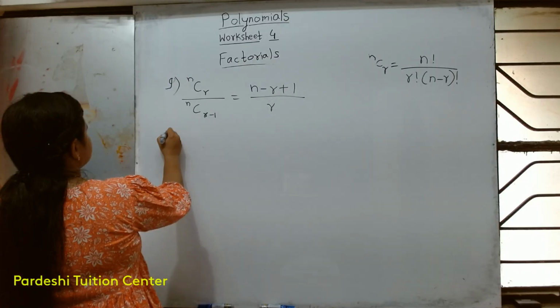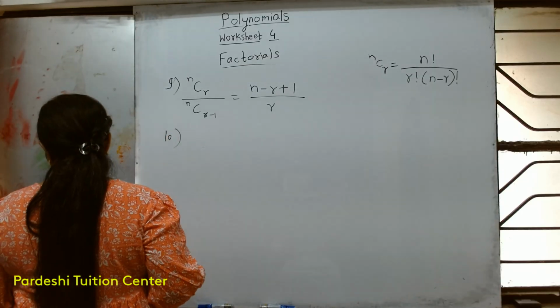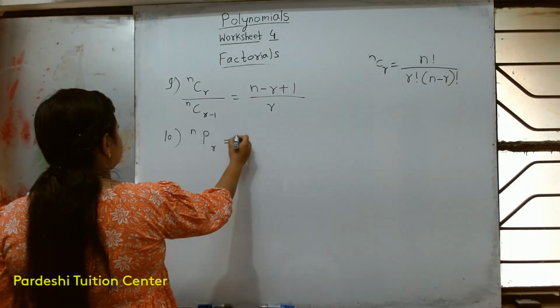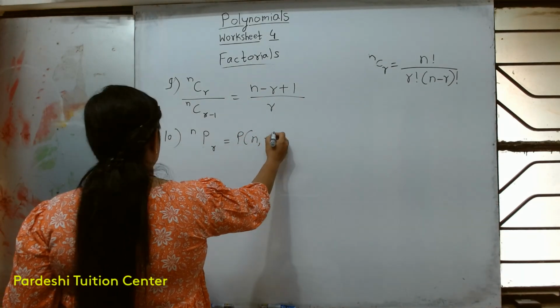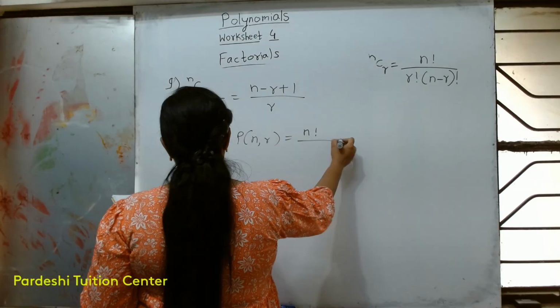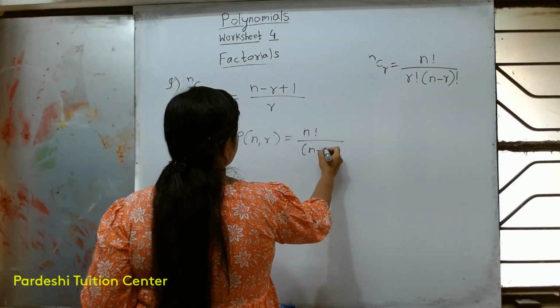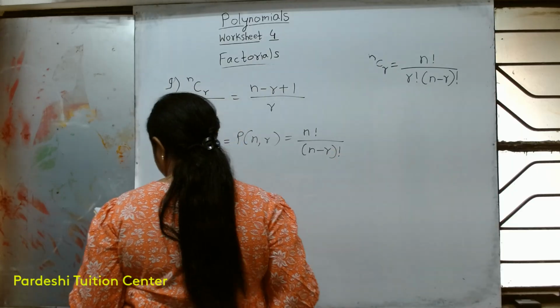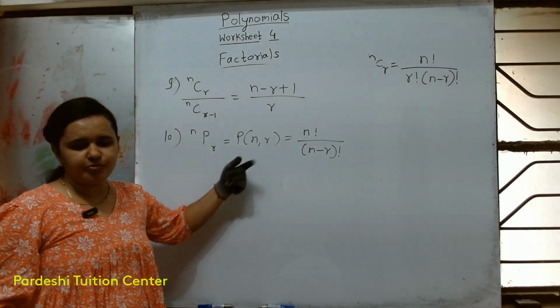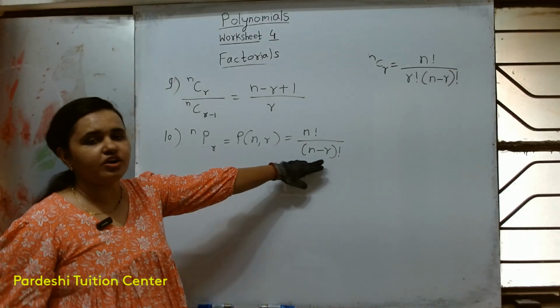Now the 10th one. Here is the formula for permutation. nPr equals P of n, r, equals n factorial upon (n minus r) factorial. It is the basic formula for permutation.